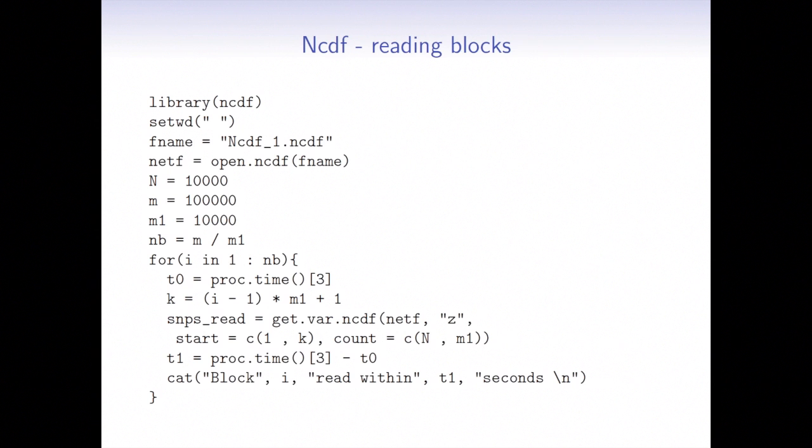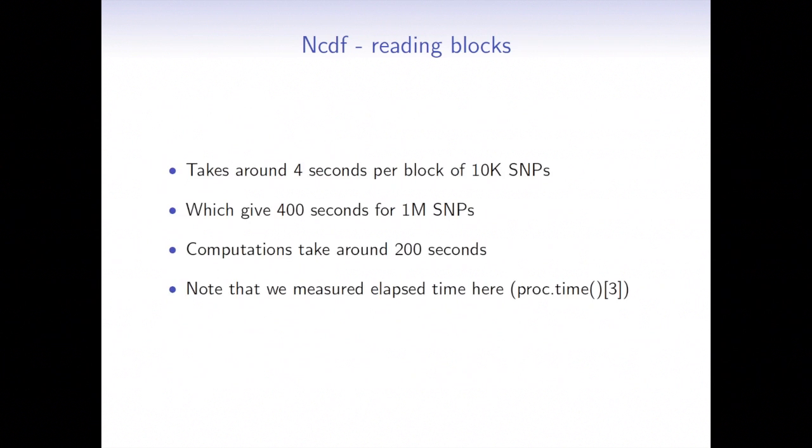And we measure time, how long it takes, and it takes around 4 seconds per block of 10,000 SNPs, which means that for 1 million I would need 400 seconds. And just to mention that the computations would take around 200 seconds for that file.